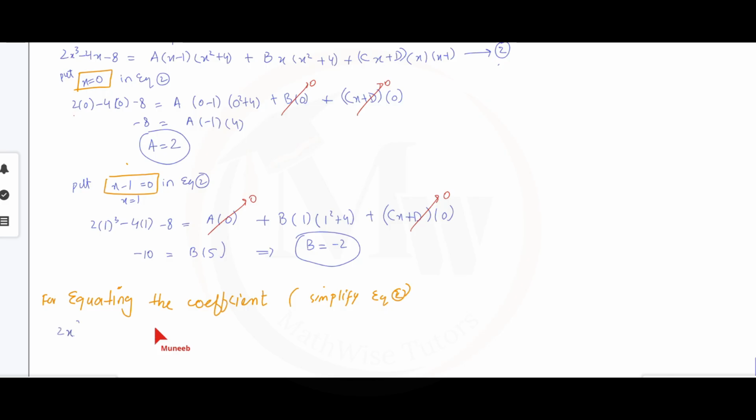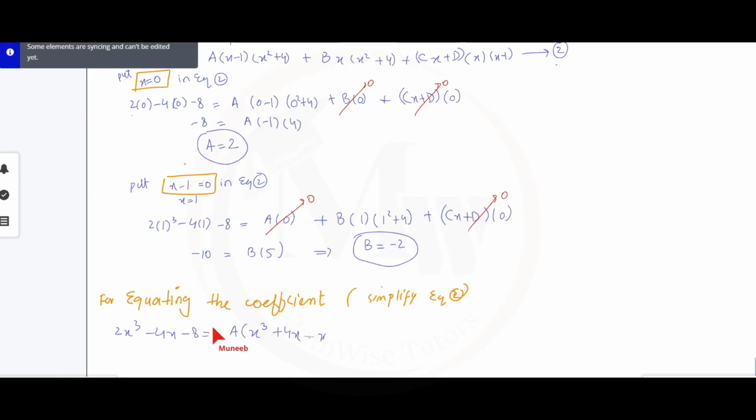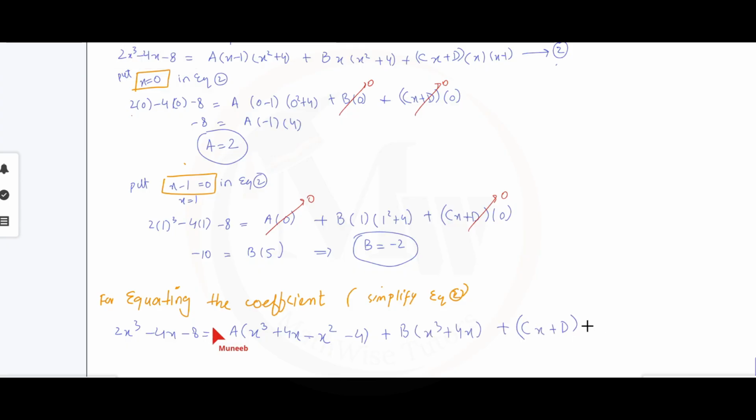This side will be as it is, 2x cubed minus 4x minus 8. And on this side, now multiply x minus 1 with x squared plus 4, right? So a times x squared is x cubed, x times 4 is 4x, minus x squared, minus 4. Now multiply x inside, so b times x cubed plus 4x, and now this will be cx plus d times x squared minus x, right?